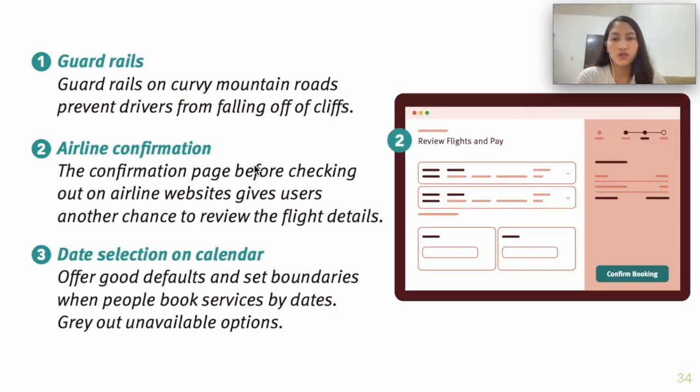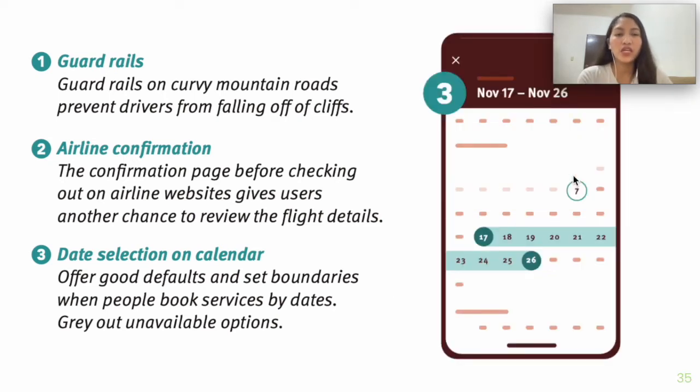Let me discuss the airline confirmation, where the customer can review the flight details before proceeding or confirming the booking. That way they can know if the flight is correct, if the time is what they want, if it's convenient for them, and when they are coming back. So there should be a review of flights as well as the payment information.